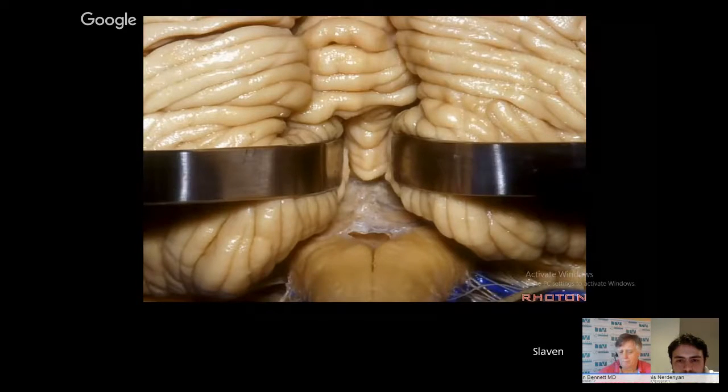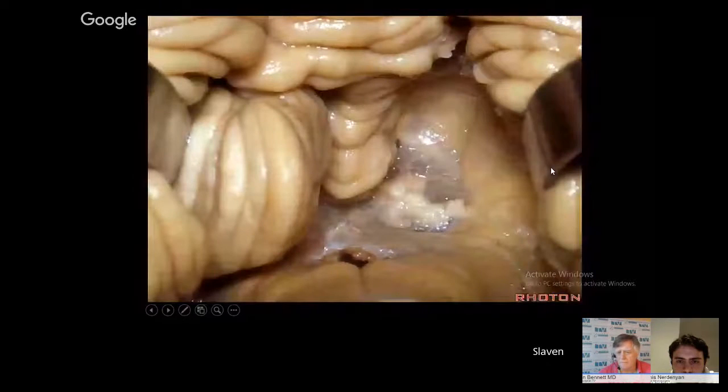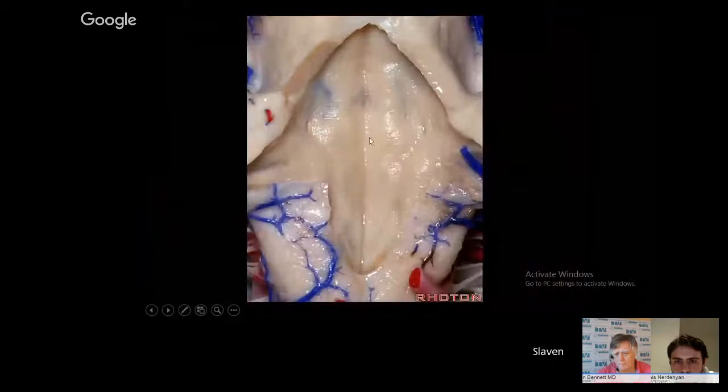And what he found is that if you just try to go through these membranes right here, most of which are significantly avascular, although you can find some significant vessels here, so if you just put the cerebral spatula here and retract this part of the cerebellum and expose these membranes here, you can cut right through them and it leads you to the fourth ventricle essentially.